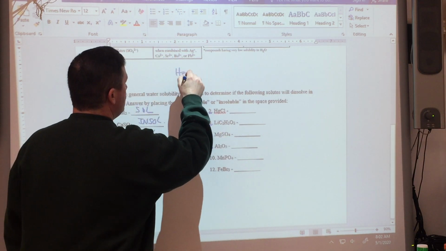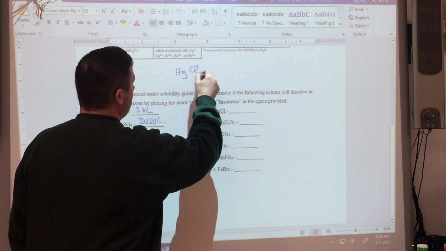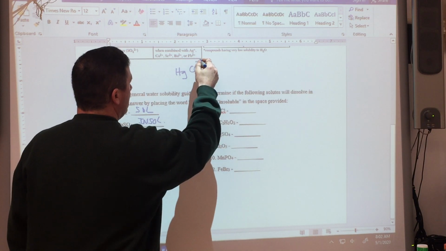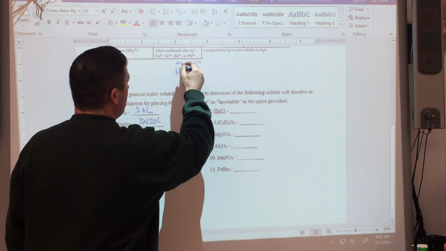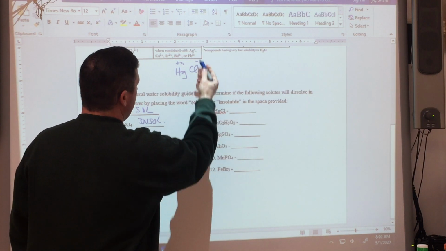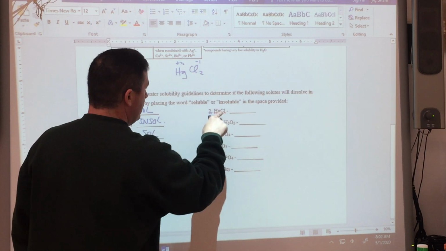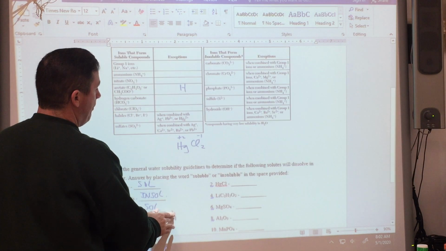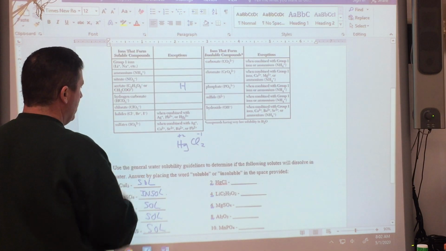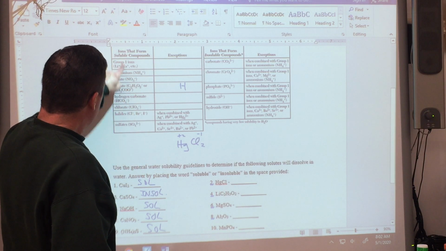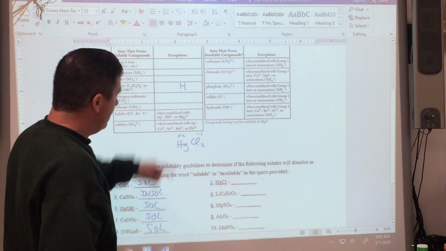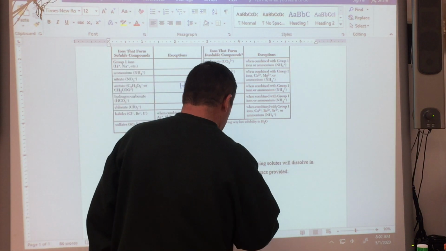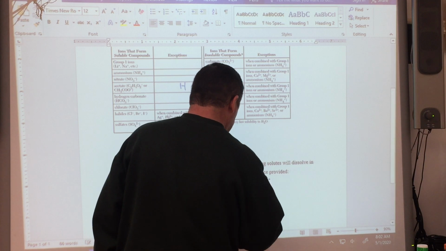It would be HgCl2 because chlorine is a -1 and mercury in this case has a +2, then we crisscross them. So this is HgCl. So HgCl is soluble because that's different. That was a tough one. If you didn't get that one, don't worry about it.